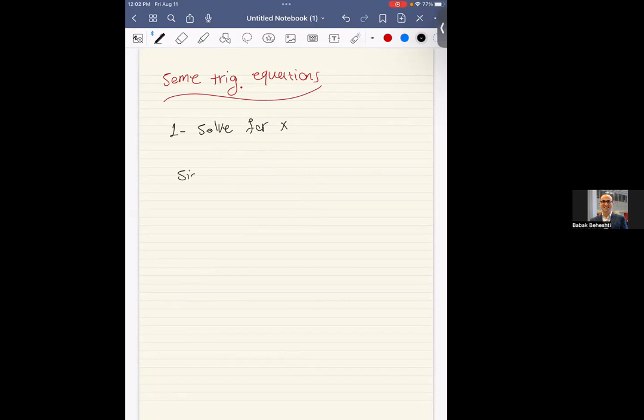Imagine that I tell you to solve this equation: 2 times sine x equal to 1. Here you want to find all solutions, not only one solution, but all the solutions. So 2 times sine x equal to 1. What is x?